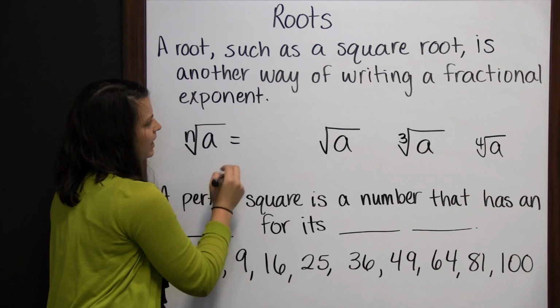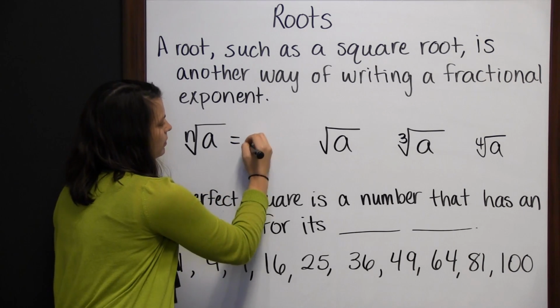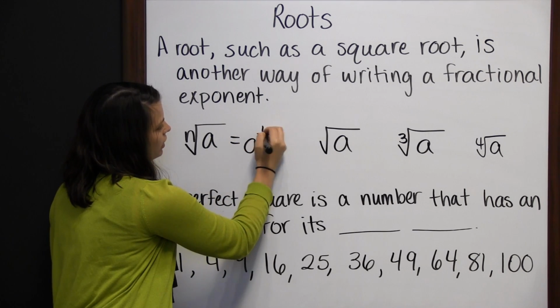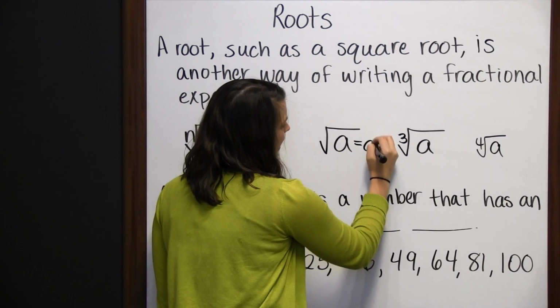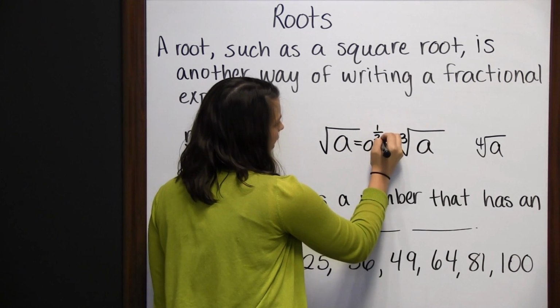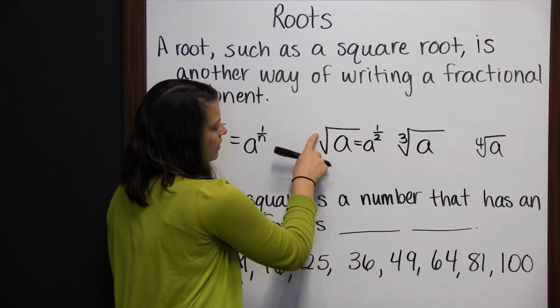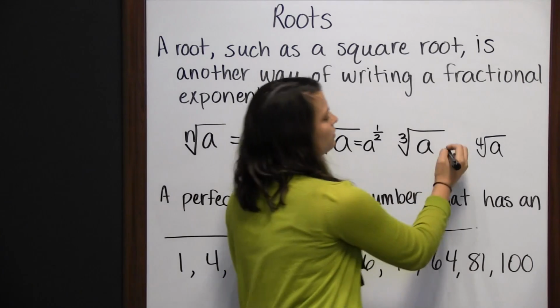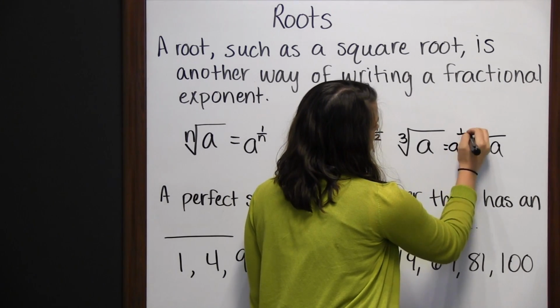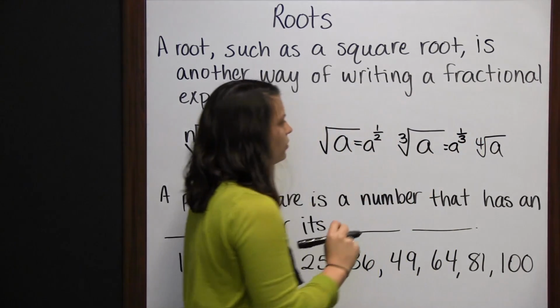So this as a fractional exponent would be a to the 1 over n, which means this would be a to the 1/2, since that little number right there is a 2, even though we don't write it. And this would be a to the 1/3 because of the little 3 there.